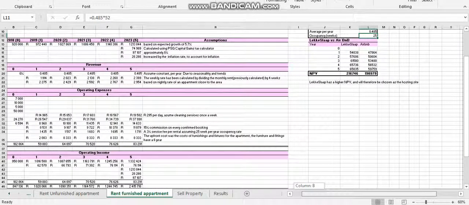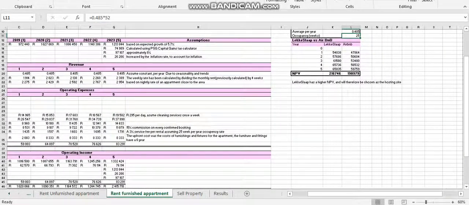Using this, I calculated the future income from Lekker Slaap and Airbnb for each year, and then proceeded to calculate the NPV. Lekker Slaap had the higher NPV and was thus chosen to be the hosting platform.